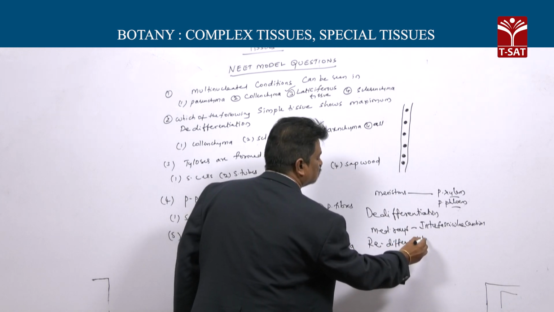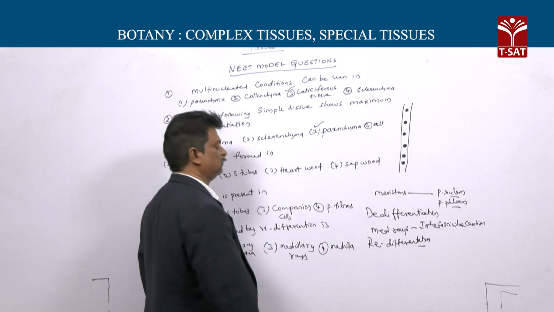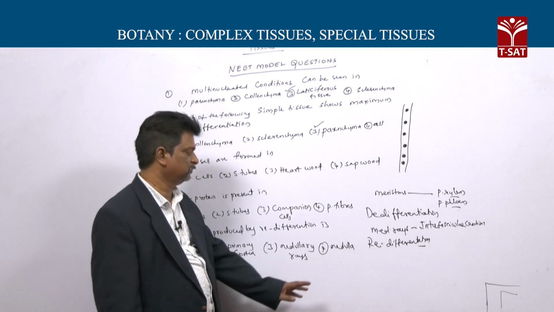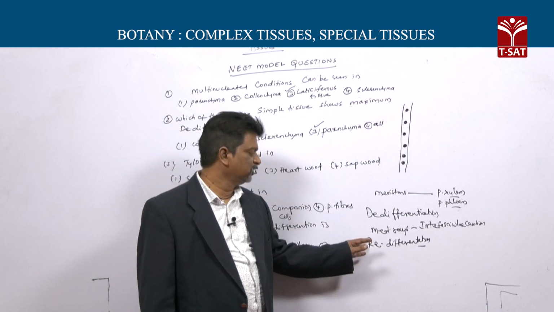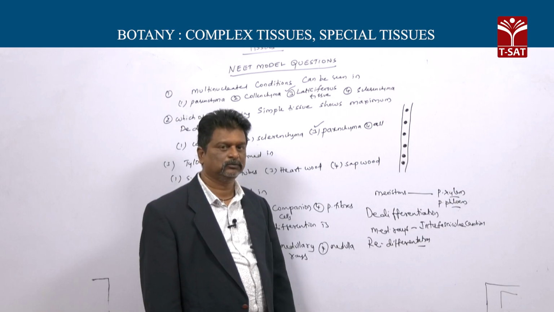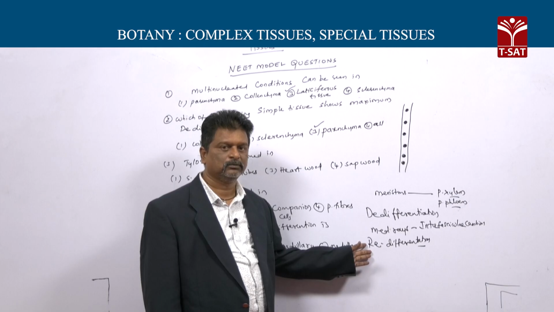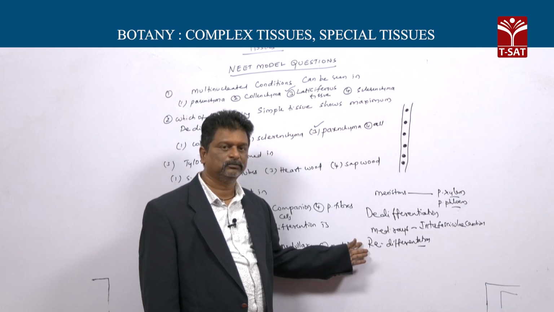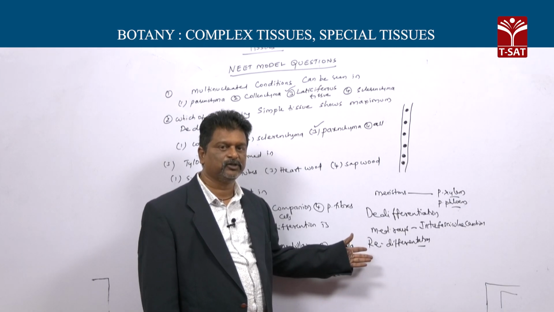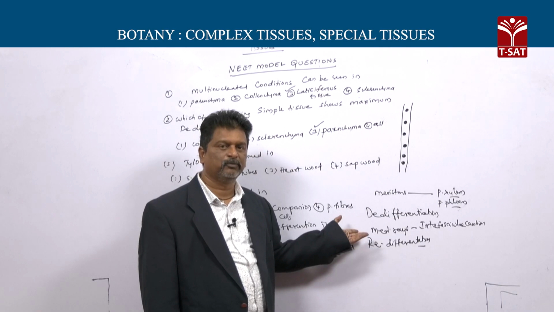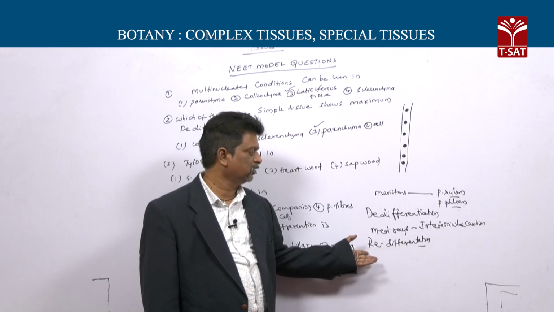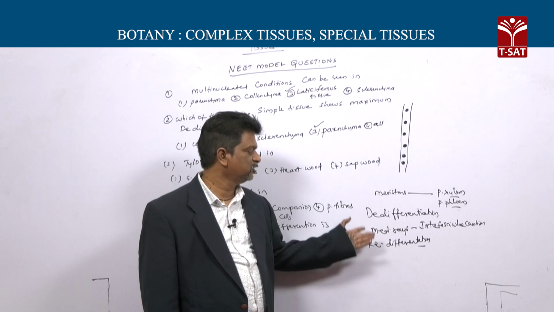Redifferentiation means secondary meristems produce secondary permanent tissues. Here cork cambium is a secondary meristem, and it produces secondary permanent tissue like cork, called redifferentiation.